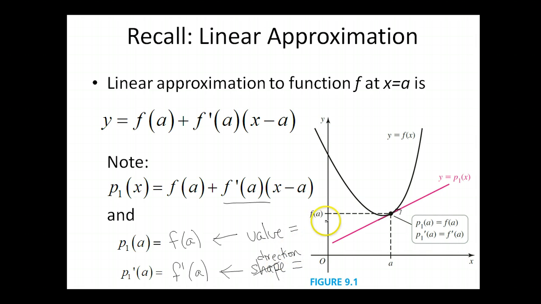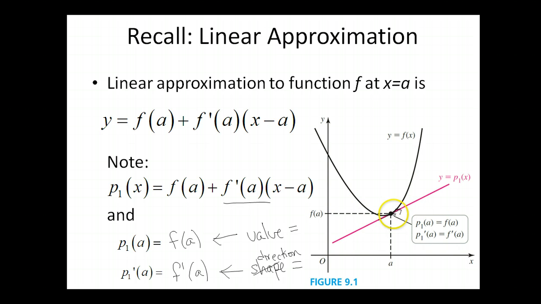Because technically, they don't really agree in terms of shape, do they? We're saying that this curvy thing looks the same. Does it quite look the same as the line? No, it just looks approximately like it at a specifically. But notice our function has curviness to it. It has what's called curvature. The line does not have any. And so our line is not really well approximating the function as you get farther away from a.